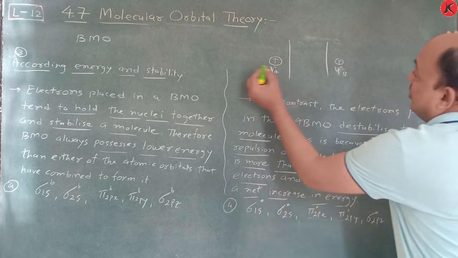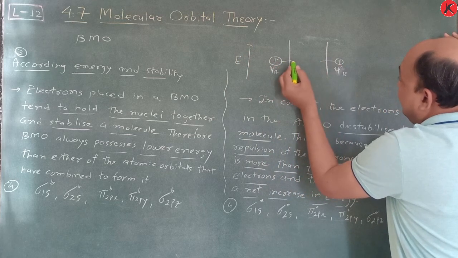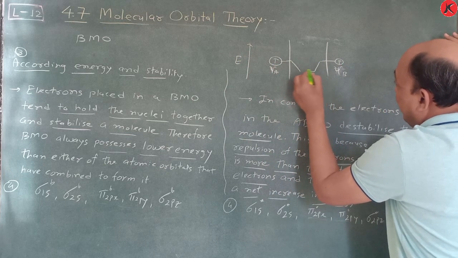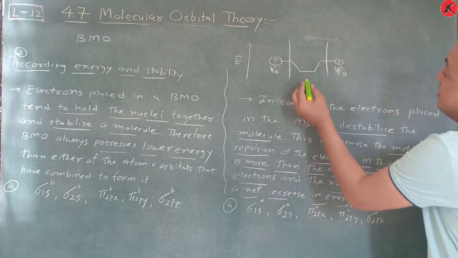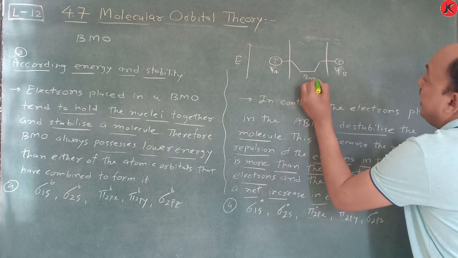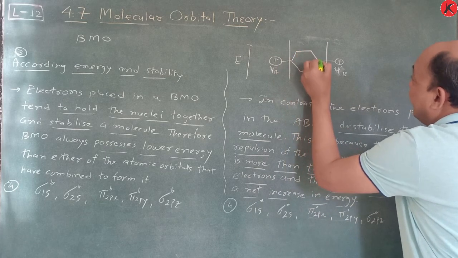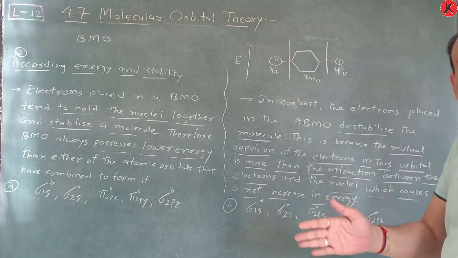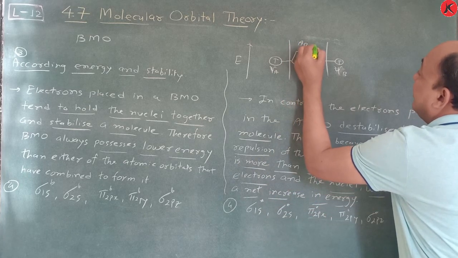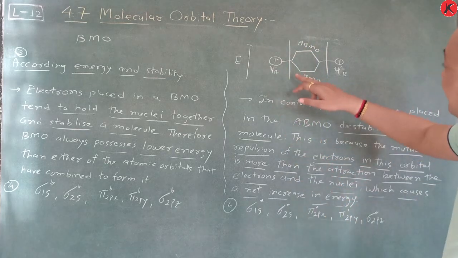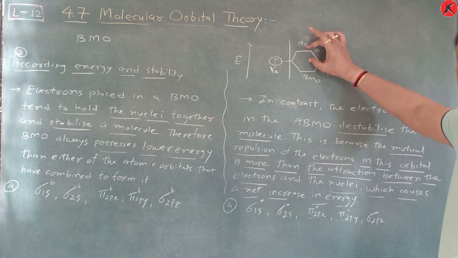So this is an energy, and according to that, this energy is the same. But remember, this is the parent atom, and when they combine, or say constructive interference takes place, it forms a BMO and the energy is lower. And when they repel, or say destructive interference or subtraction takes place, at that time an ABMO forms, and the energy of this ABMO, compared to the parent atom, is more.